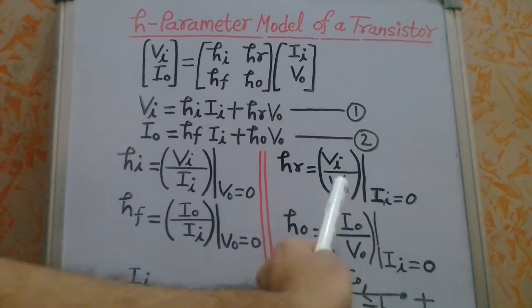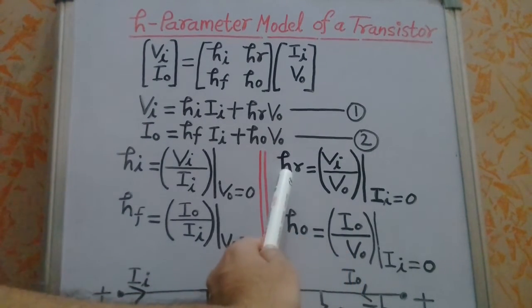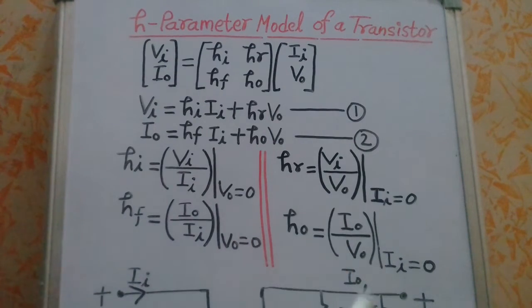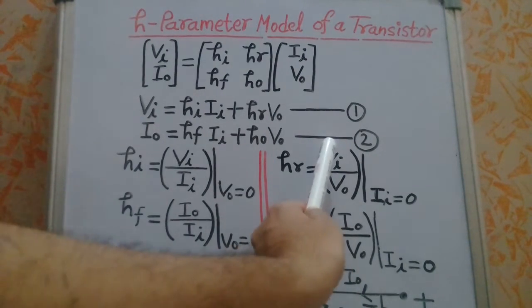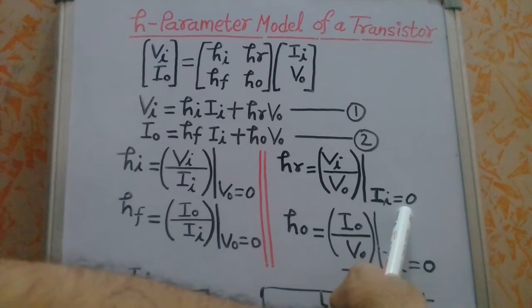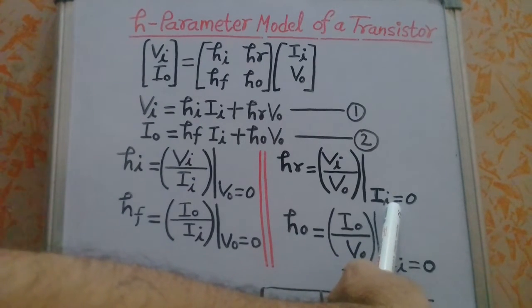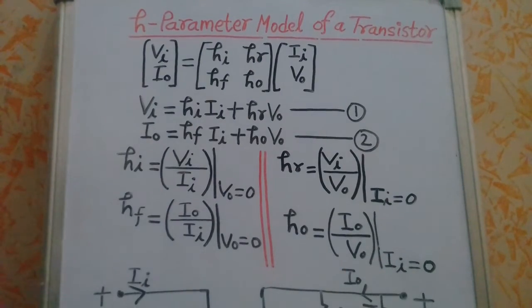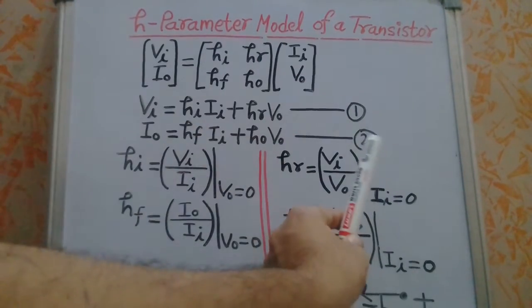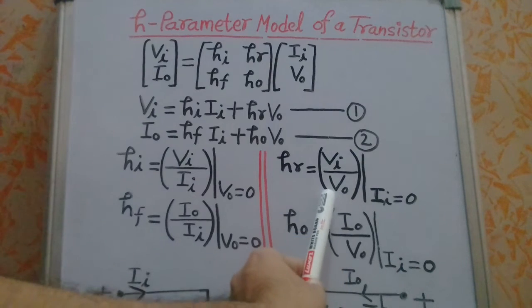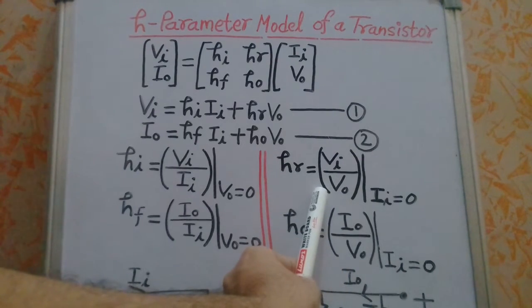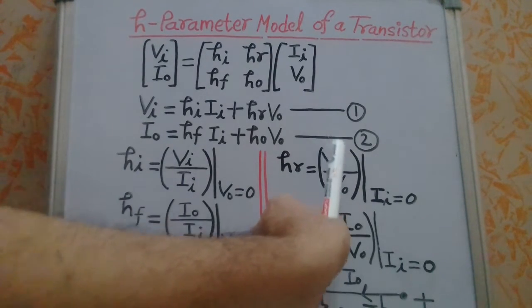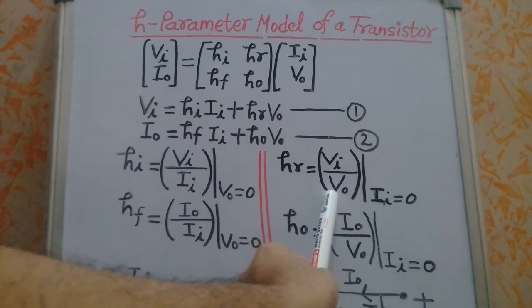HR is equal to VI by VO under the condition when input is open, that means input current II is equal to 0. So see here, this is the ratio of input voltage divided by output voltage, and it is not output voltage divided by input voltage.